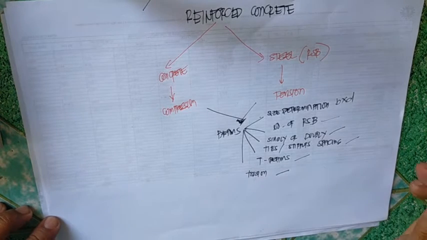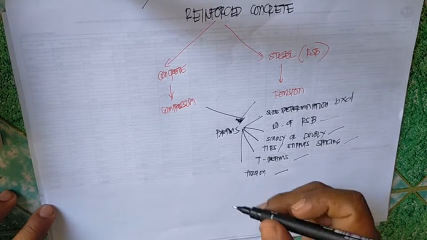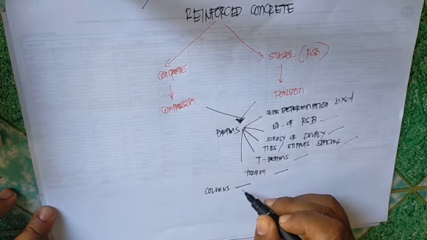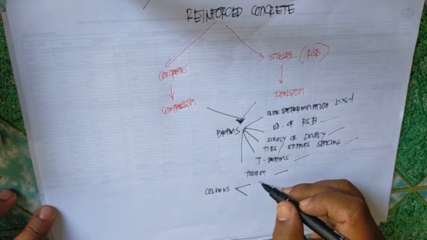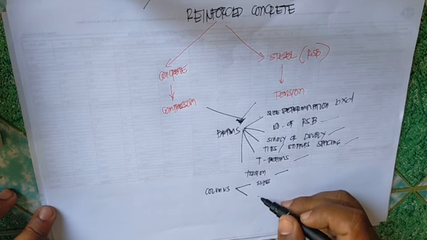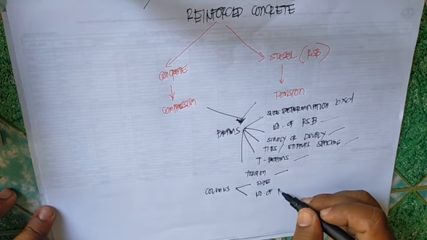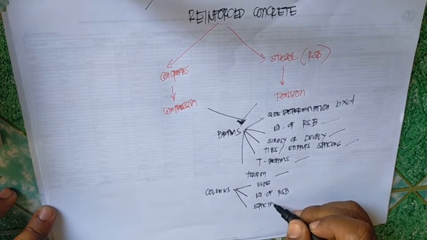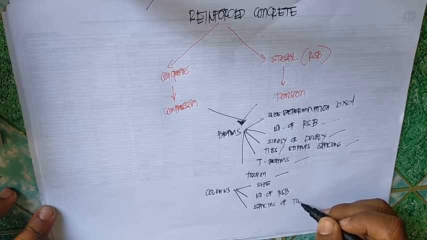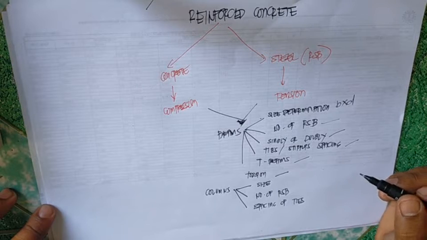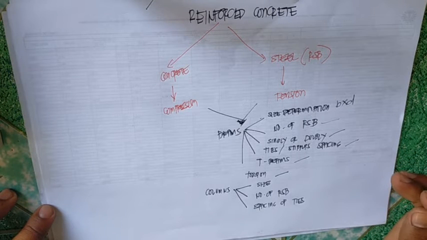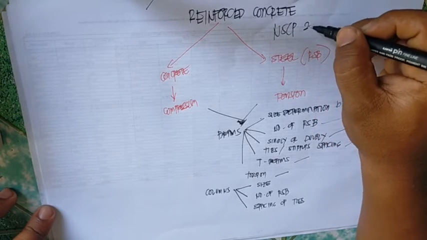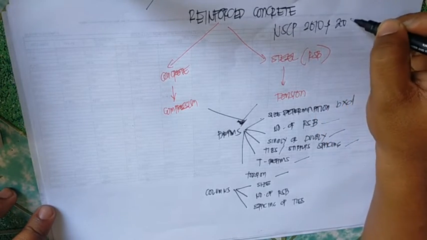Okay, so what else? We have also columns. The same for columns, we can determine the size, the number of reinforcing steel bars, and the spacing of the ties. Of course we will use NSCP here, NSCP 2010 and 2015.